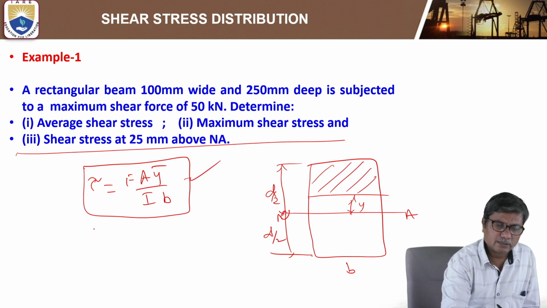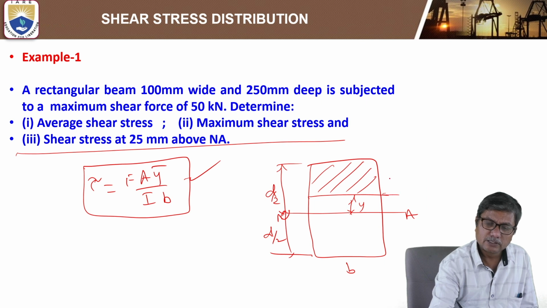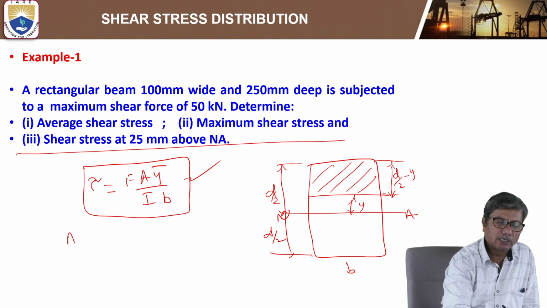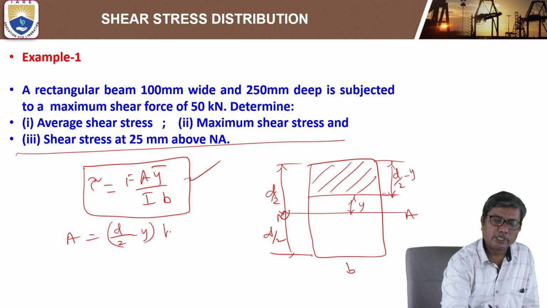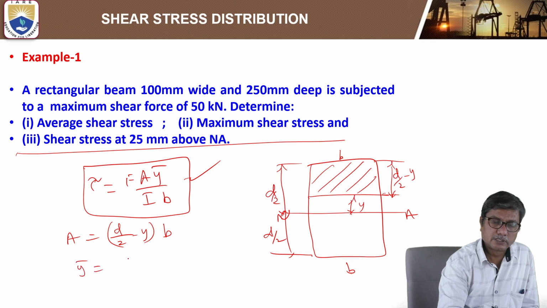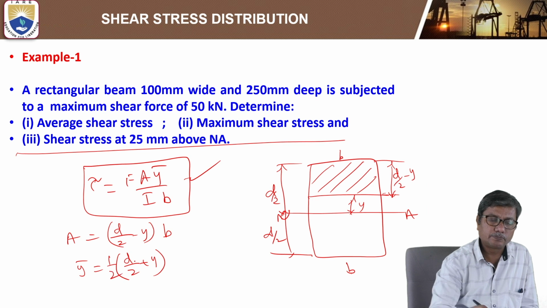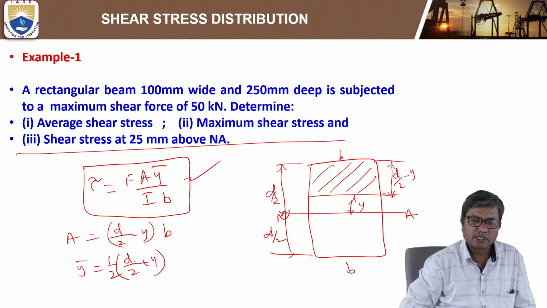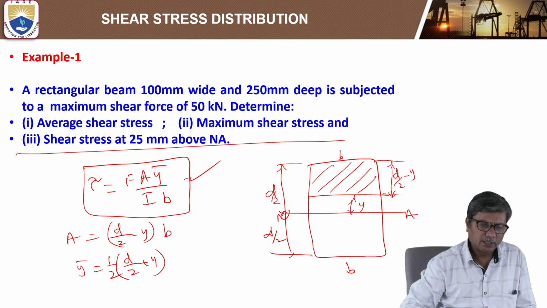Here, the depth of the shaded portion is d by 2 minus y. So area is d by 2 minus y into b. B is the width, which is constant here, and y bar is d by 2 plus y by 2. We have seen this already.